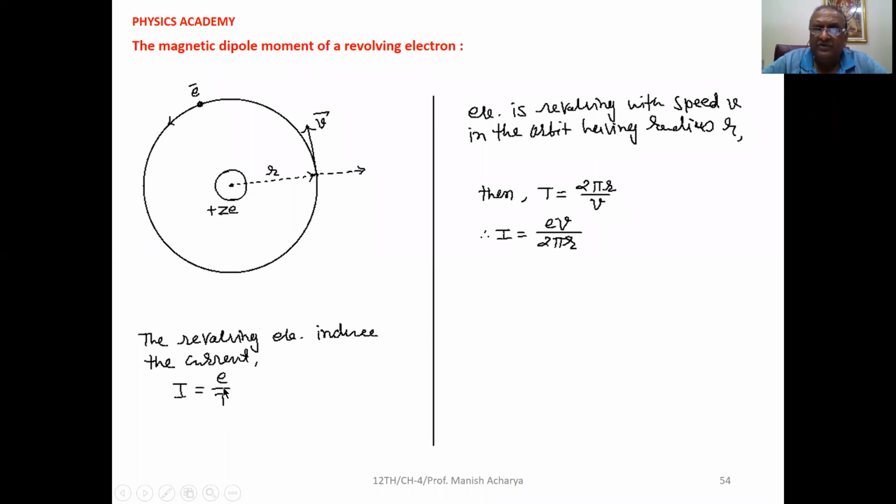Now here in this equation, if we replace this capital T by 2 pi r by v, then resultantly we will get the equation of the current constituted by this revolving electron, that is e v upon 2 pi r. Clear up to this one?